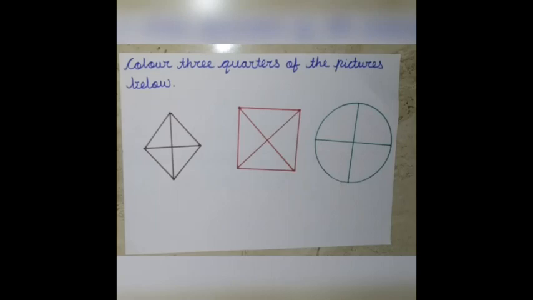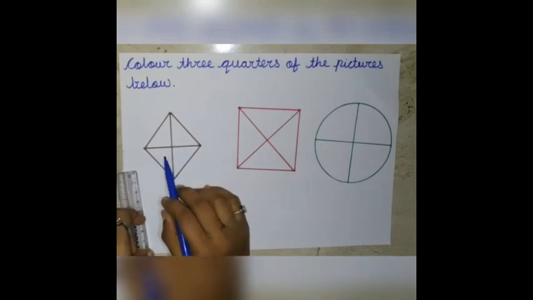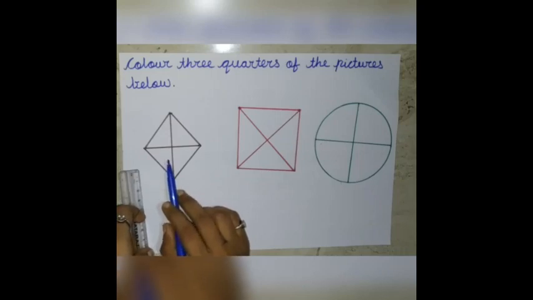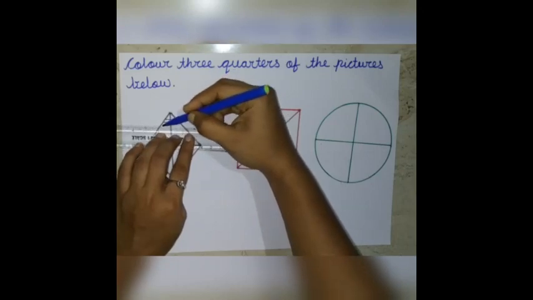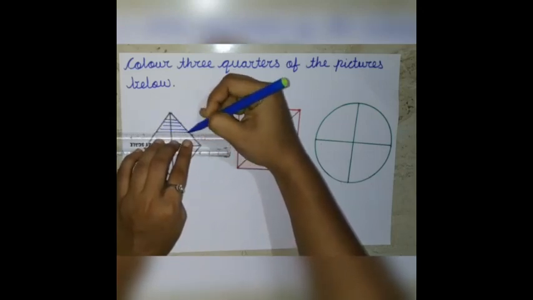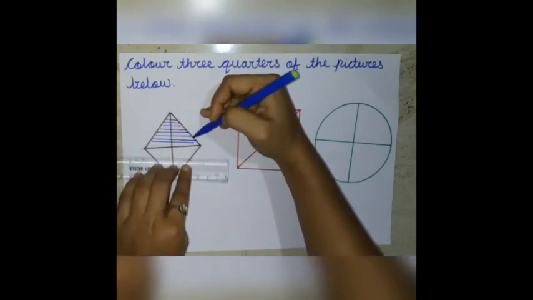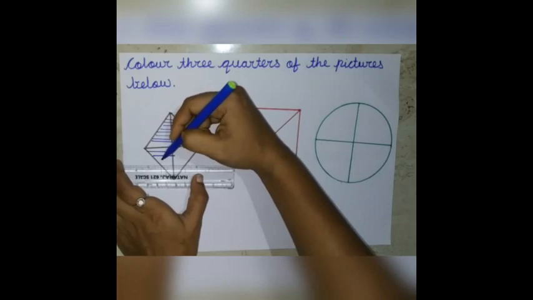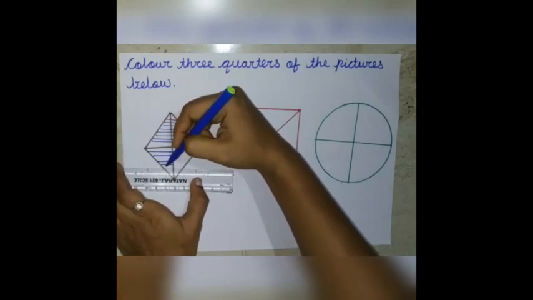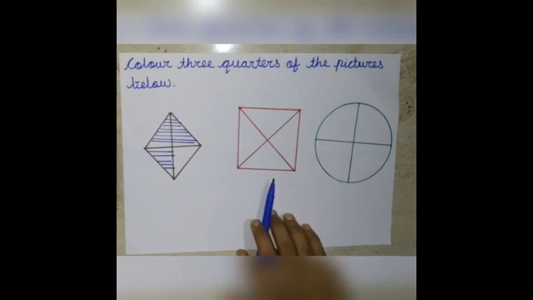Students, this quadrilateral is divided into 4 equal parts. So I am going to color 3 equal parts. Students, which figure is it? Yes, this is a square.